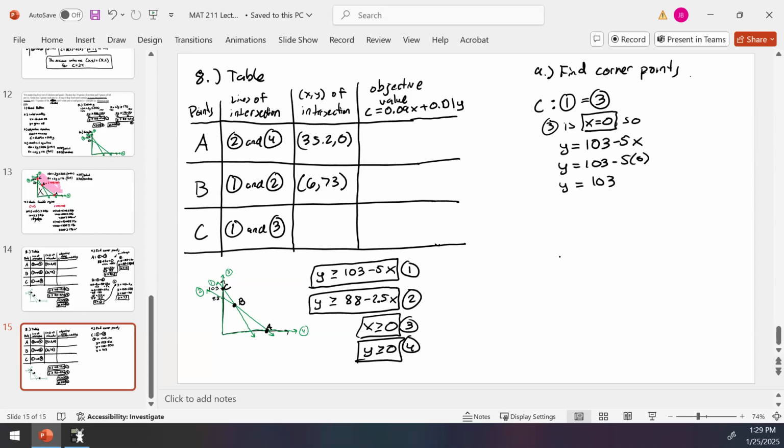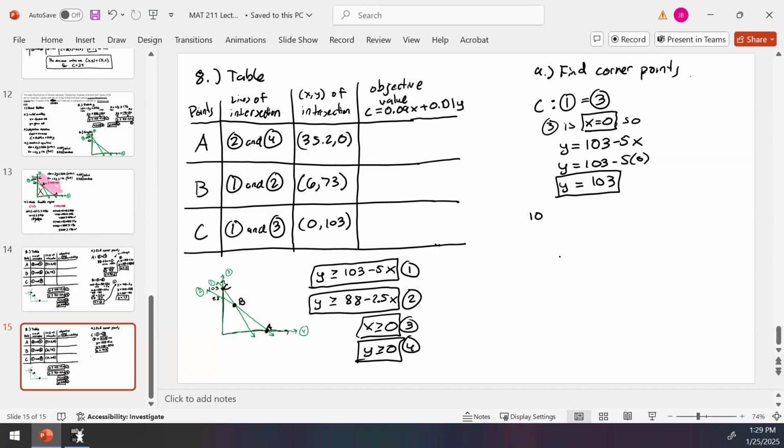So x equals 0, y equals 103, 0, 103. Do not set an x equation equal to a y equation because they're not the same letter, okay? So that's one that students will often overlook. They get so trapped into the methodology, which happens, that you kind of ignore that fact, okay? So we have all of them now.